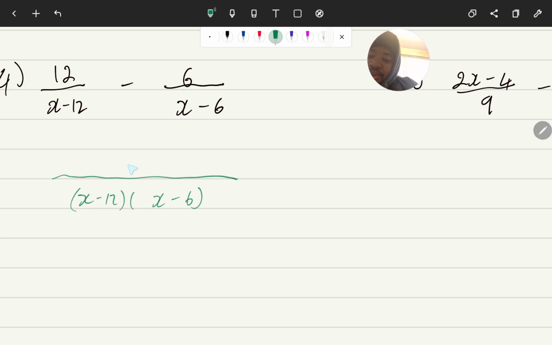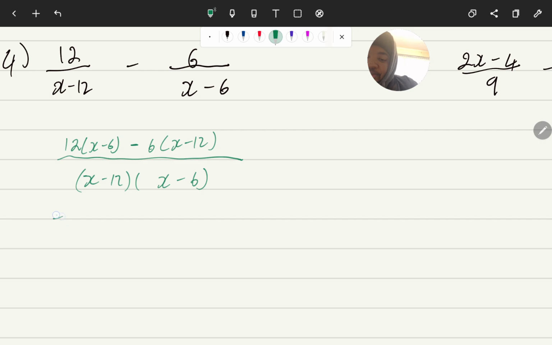And then you have your negative side, then this is going to multiply this, so you have 12 into x minus 6, and then you have 6 into x minus 12. So basically this multiplies that, you still have your negative.